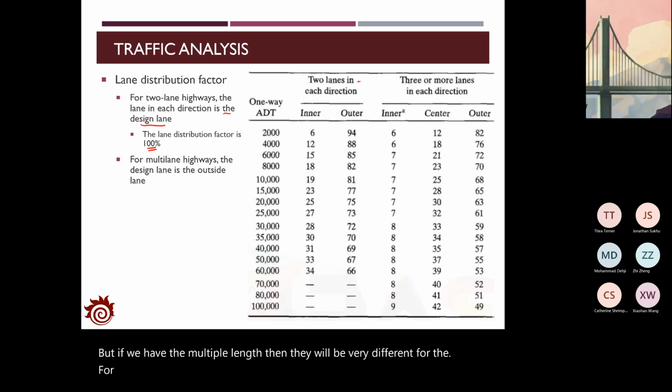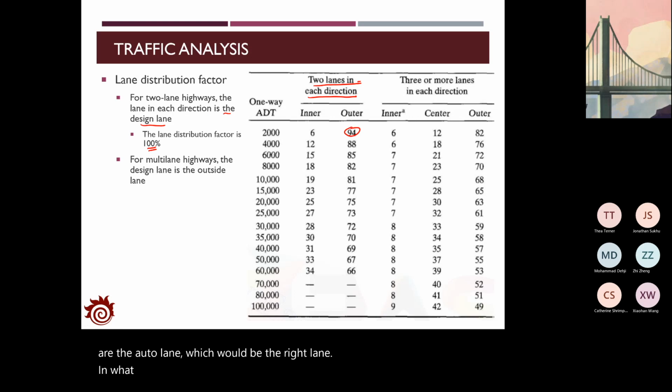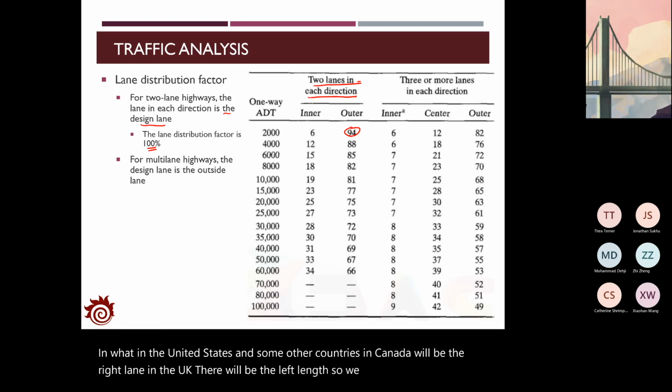If there are two lanes in each direction, usually the outer lane, which would be the right lane in the United States and some other countries, like Canada. In the UK, that will be the left lane. So we consider those to be the outer lane.